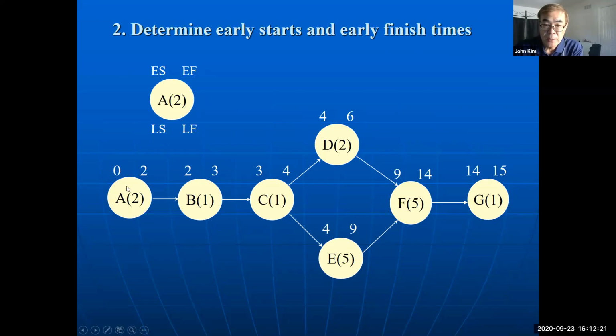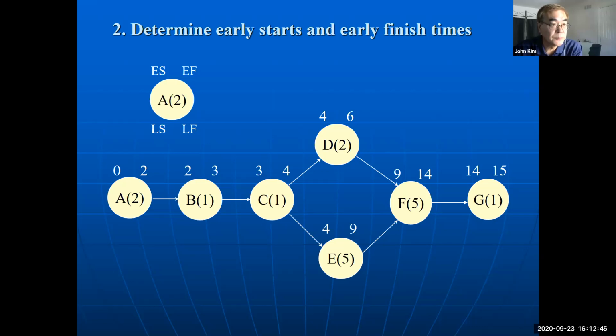Activity A starts, so the starting time is 0, and it uses 2 weeks, so it finishes in 2 weeks. So 2, and then after A, B starts. So 2 and 3.